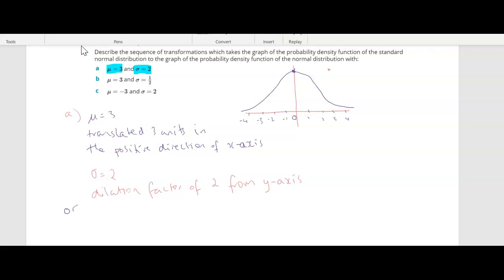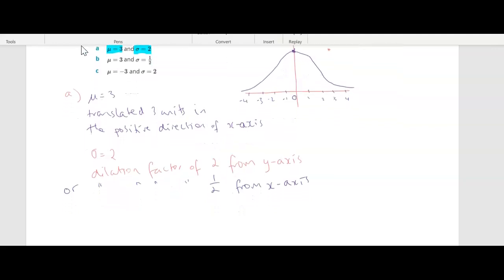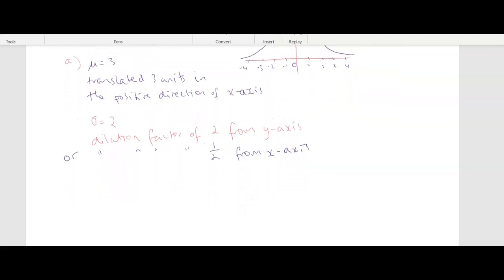So I'm just going to write dilation factor of 1/2 from x-axis. Okay, so you can say dilation of either one, so either from the x-axis or from the y-axis. So the mean tells you your translation, and your standard deviation tells you your dilation.